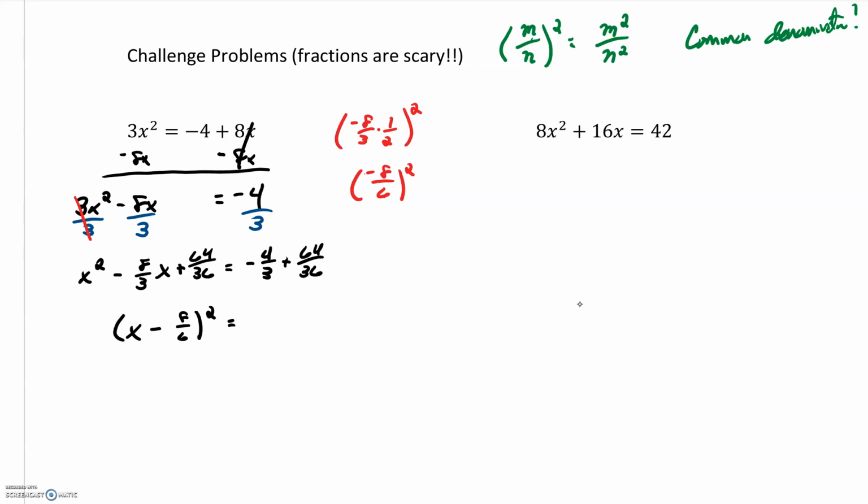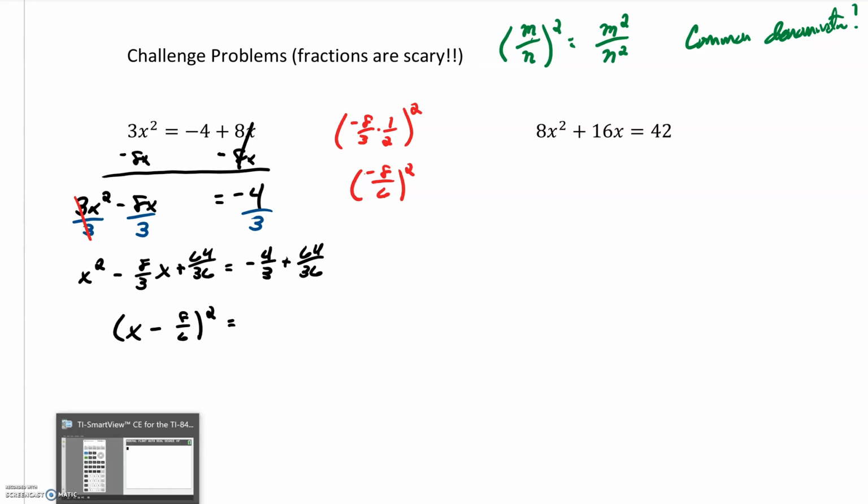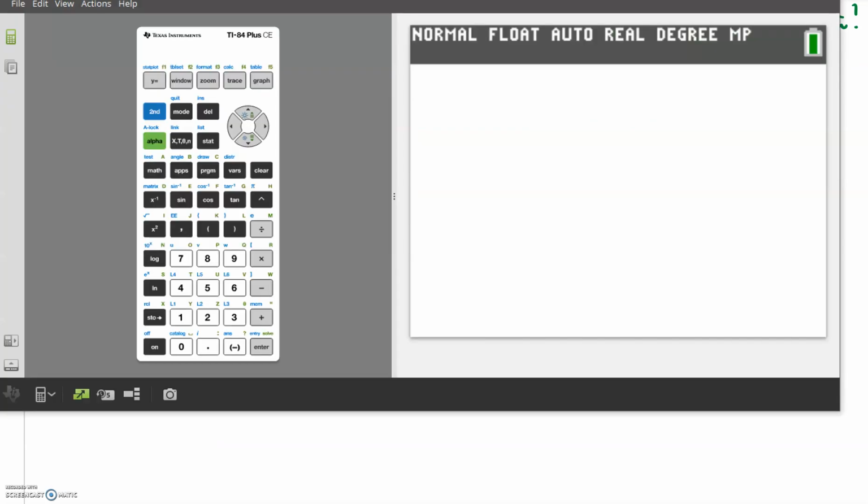To do that, I'm just going to use my calculator. Negative 4/3 plus 64/36. Negative 4/3, got to put that in a parenthesis. And I'm going to add to that 64/36.